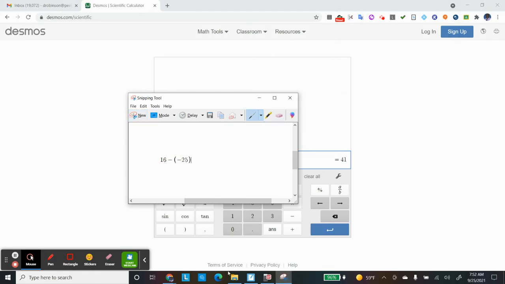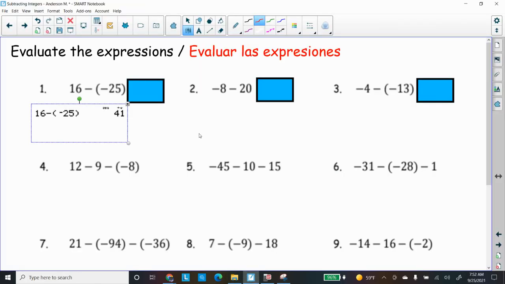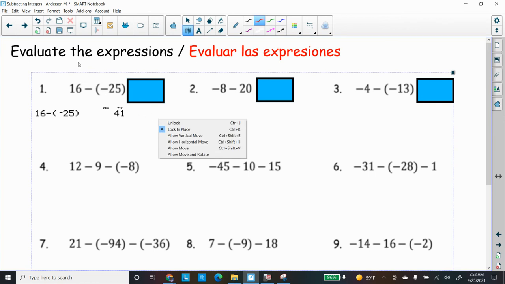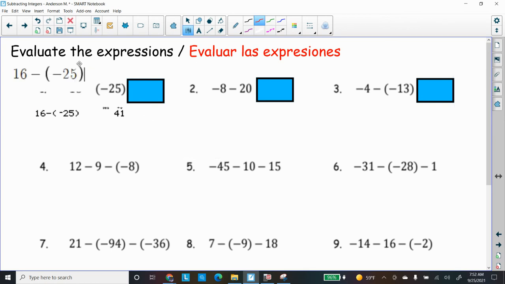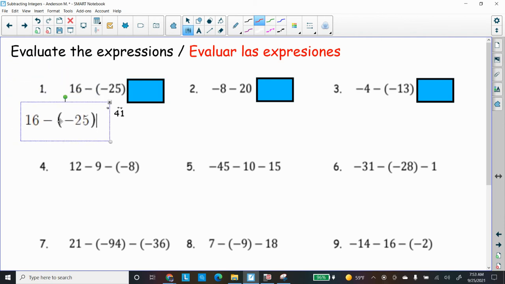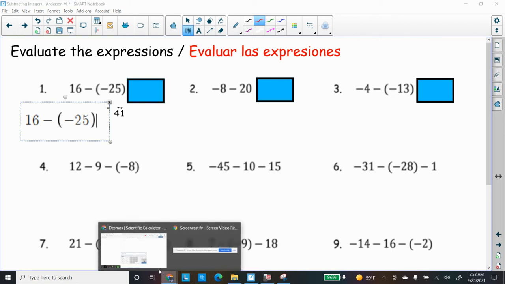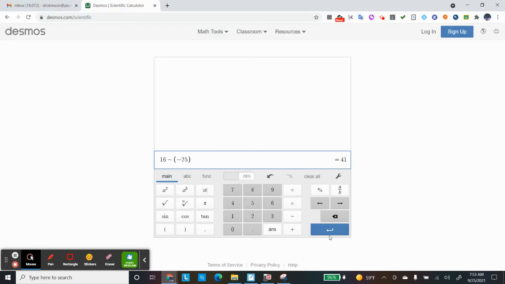So let me snip this out and bring it back to my paste. Let me paste that there. There it is. And looking at it, 16 minus 25, negative 25. There you go. So I should get the same answer using the Desmos calculator. So let's press enter. And yes, there it is, 41.